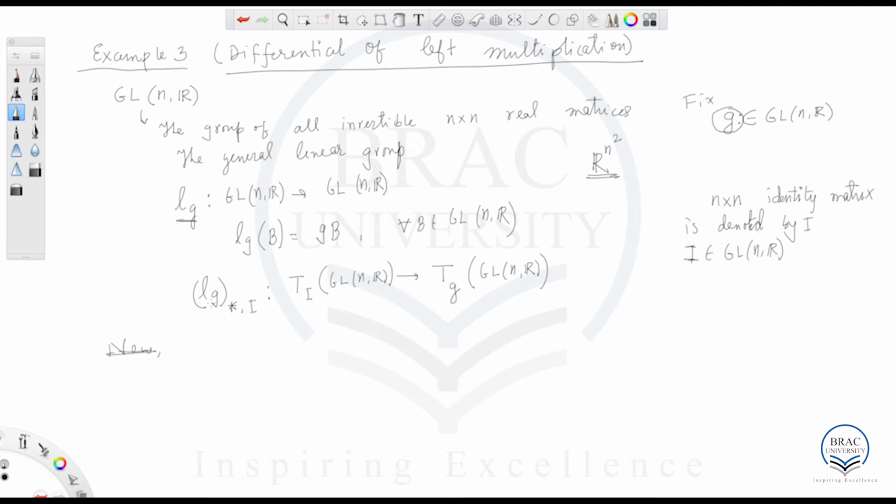So this is a linear map between two tangent spaces, and we need to show that this linear map is also left multiplication by G. Okay, what I mean by left multiplication by G will be clear in due course. Okay, so let me get started with the solution.